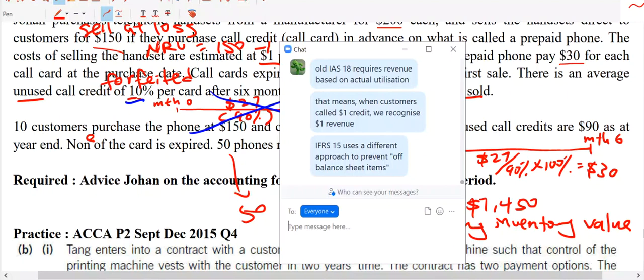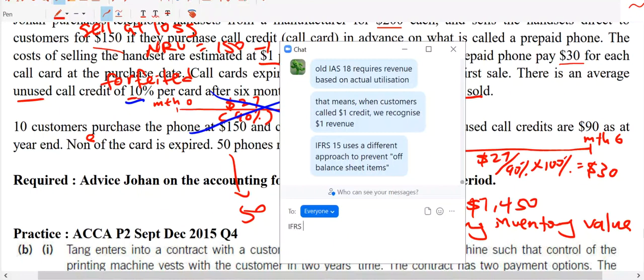So we do not want to hide information from people. If we estimate 10% is breakage, that means we confirm we'll earn that 10% eventually, and we do not need to wait until after 6 months, only then we recognize that 10%.